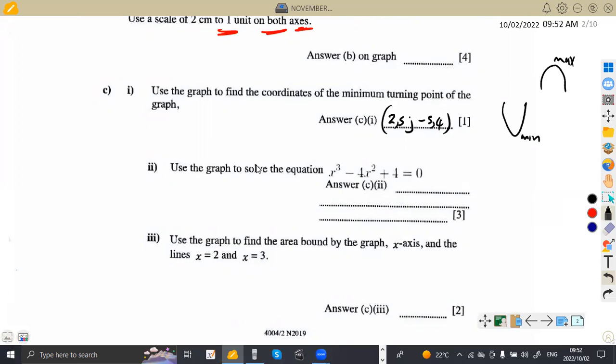All right. Now, after that, use the graph to solve the equation x cubed minus 4x squared plus 4. As you can see, this is the original equation that you were given before. So you just take where this graph crosses the x-axis.